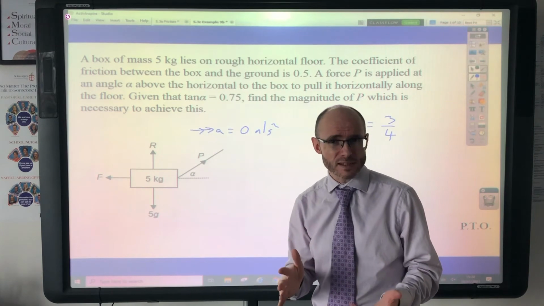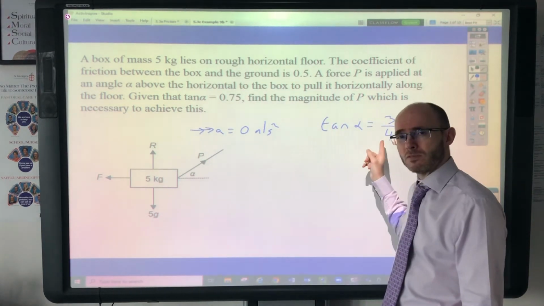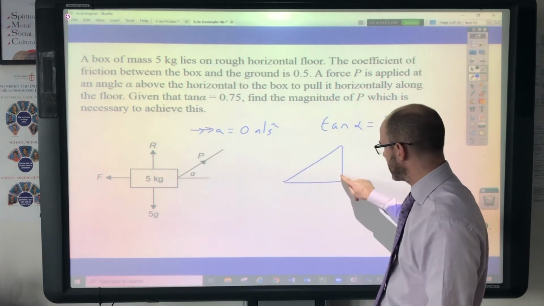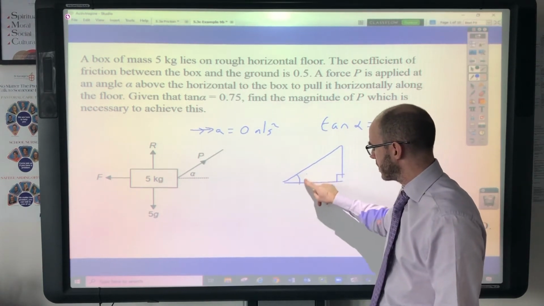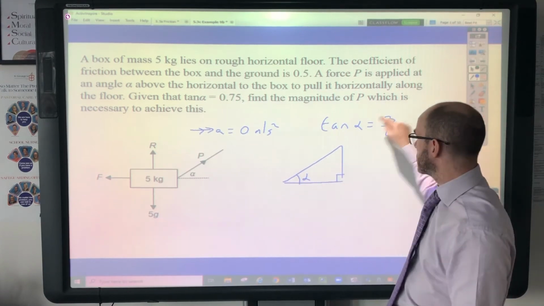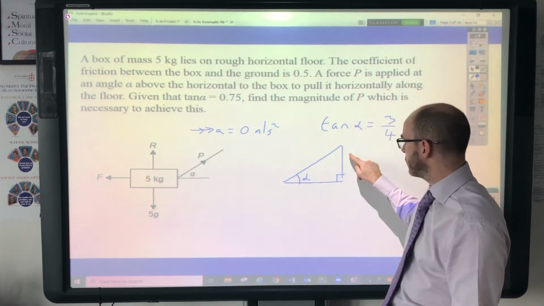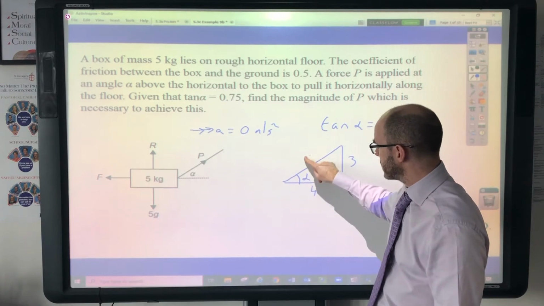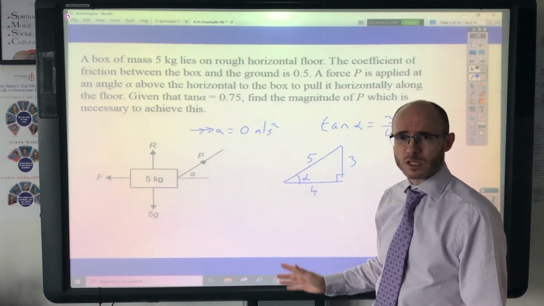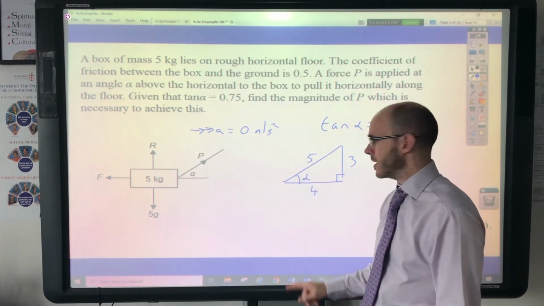And we can get it if you consider tan alpha is 3/4, and what that looks like in terms of a right angled triangle. So if that's alpha, tan alpha is opposite over adjacent. So if you use opposite as 3, adjacent as 4, and then complete the 3, 4, 5 triangle, Pythagorean triple, we can get an expression for cosine alpha and sine alpha.